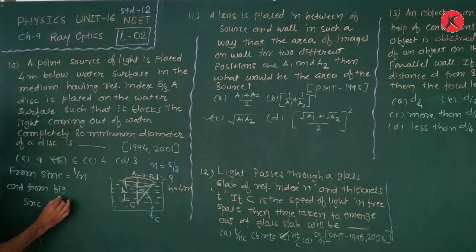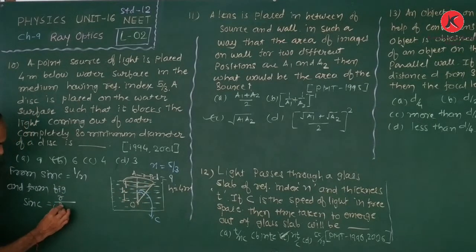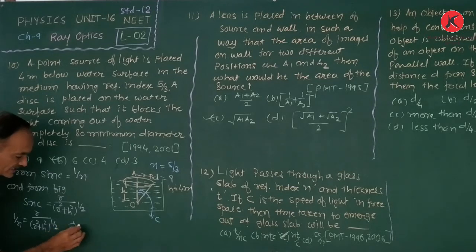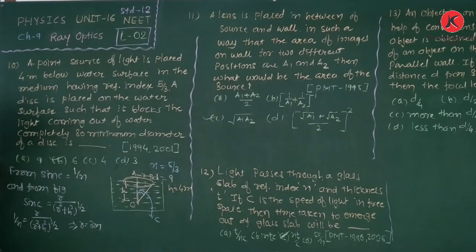So it is equal to R upon the hypotenuse, which is (R square plus H square) raised to half. Comparing these two equations, 1 upon n is equal to R upon (R square plus H square) raised to half. Simplify this equation and substitute the values. We obtain R is equal to 3 meter.